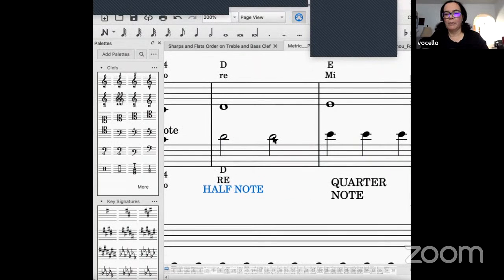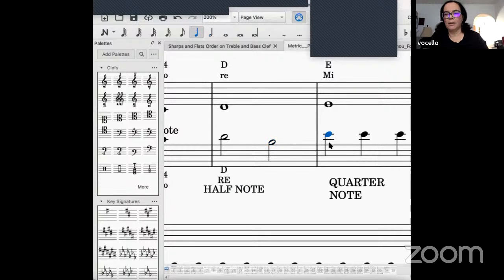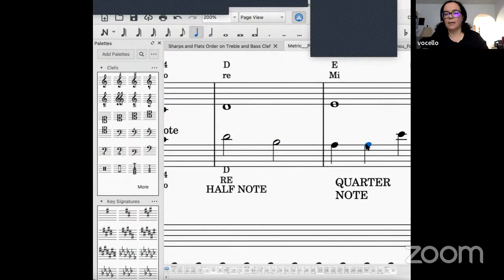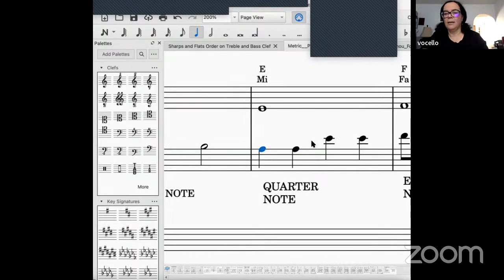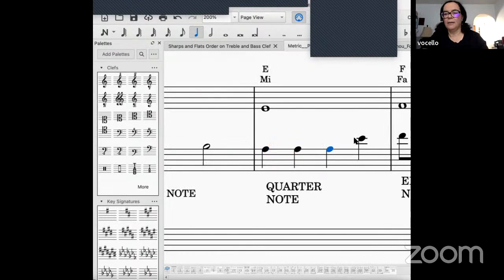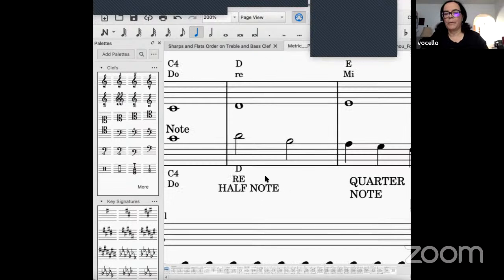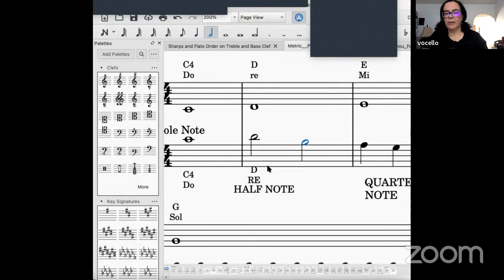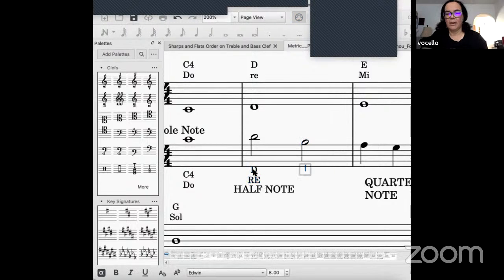I'm going to lower. B here is Si. A is La. So the first space on the bass clef, the first space above the music staff, is your B or Si. B in the alphabet is Si in solfeggio.